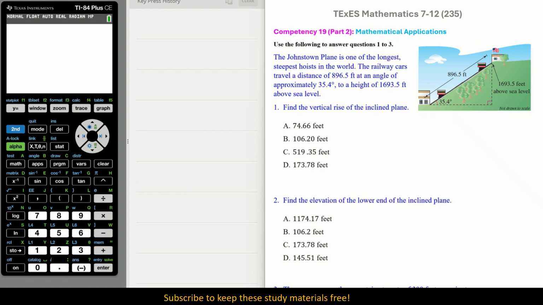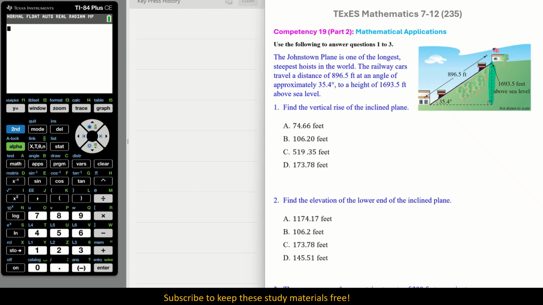Okay? Now, I have an image of it here. The thing that you need to recognize is that on this right-hand side, they label the feet above sea level. That is not our distance here, our leg of our Pythagorean triangle.